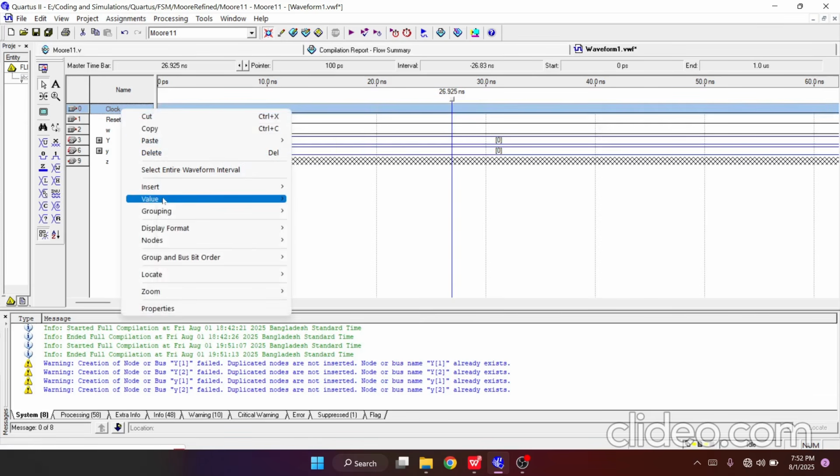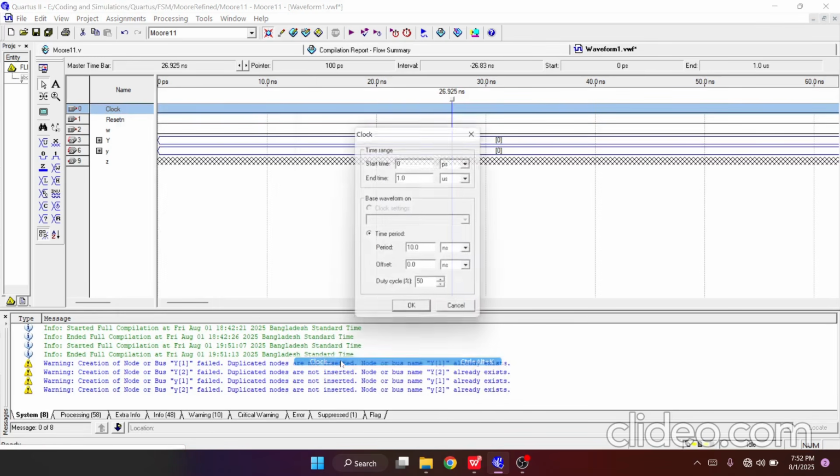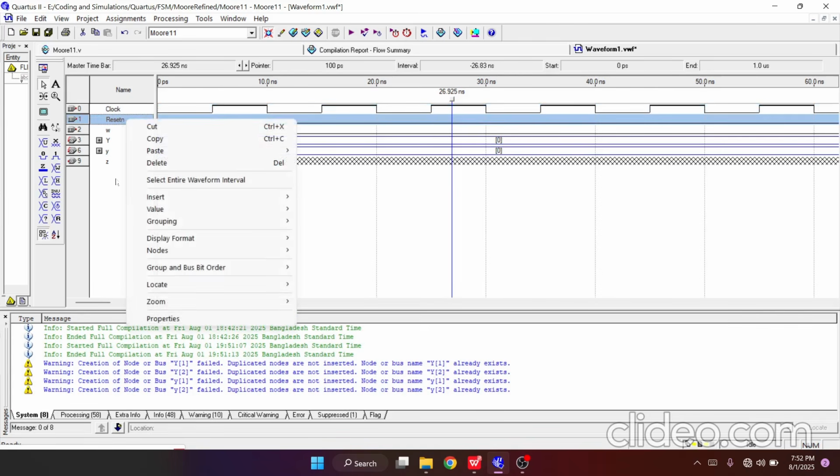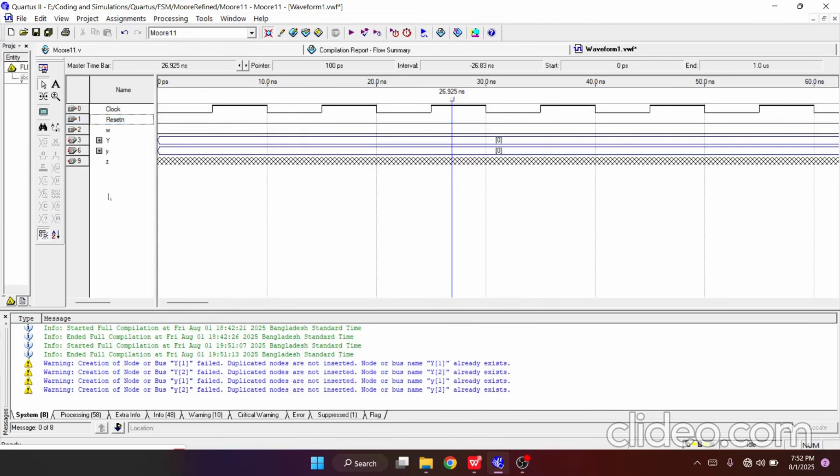So first we give it this clock. You can also change its period if you want. And reset n means if we keep the reset value 0, it will reset everything. So for only the first cycle of the clock, I want to keep the reset signal 0, and for the rest of the time I want to keep it high.